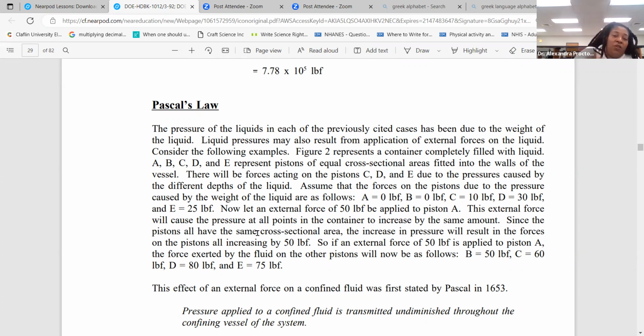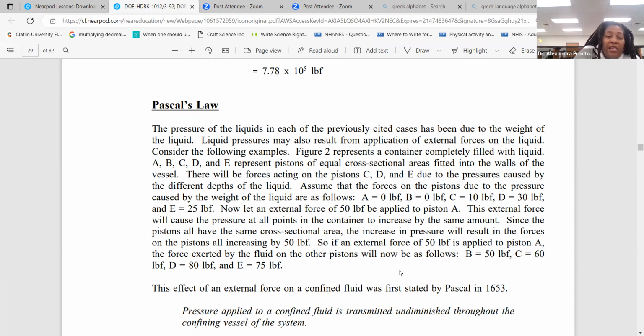Now let an external force of 50 pound force be applied to the piston, and this external force will cause the pressure at all points in the container to increase by the same amount. Since the pistons all have the same cross-sectional area, the increase in pressure will result in the forces on the pistons all increasing by 50 pound force.